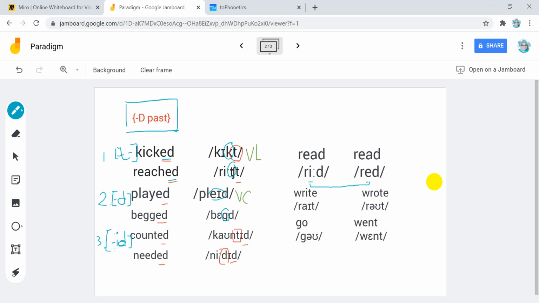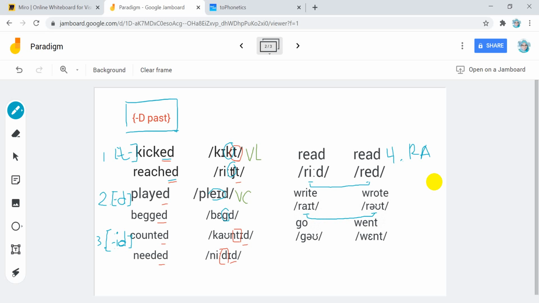So this is number 4. We call it replacive allomorph. Same like write and wrote. There is a change, it undergoes a change of sound from I to O. So these are the same, replacive allomorph.